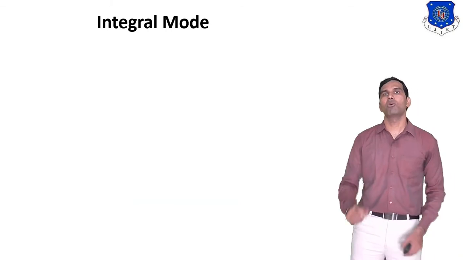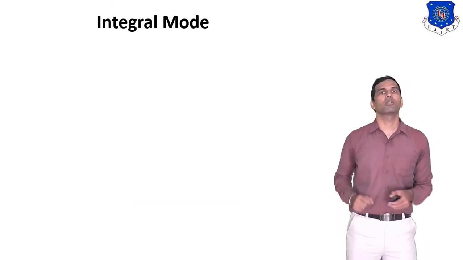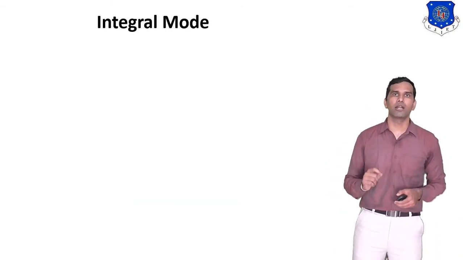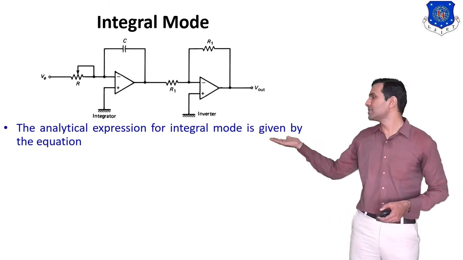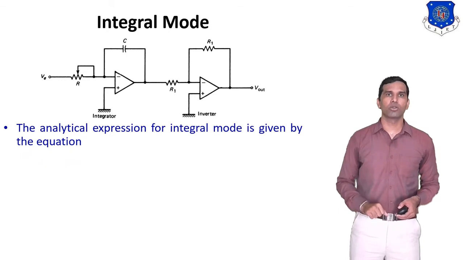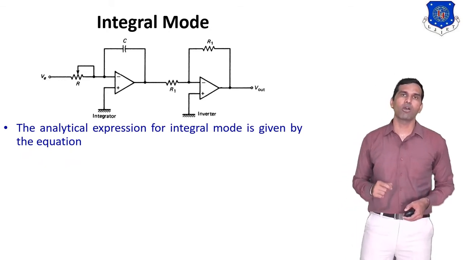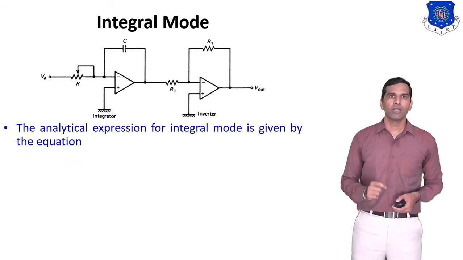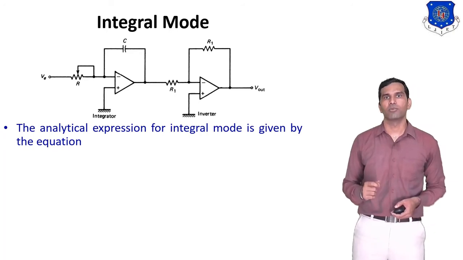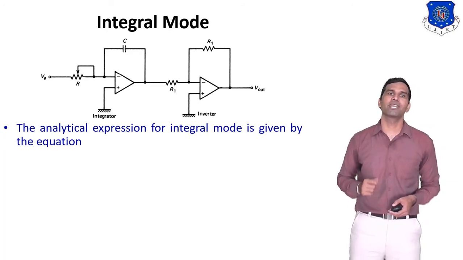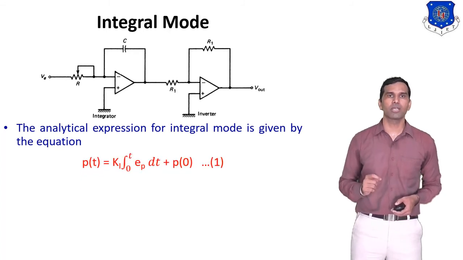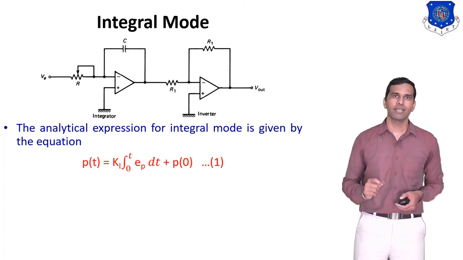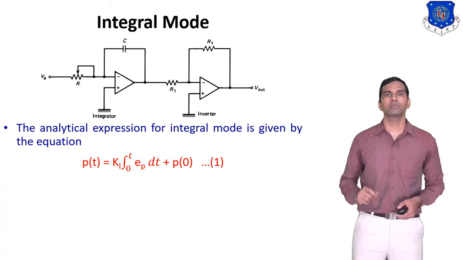Now we discuss the second type of controller mode, that is the integral control mode. Here you can see the figure of the analog integral control mode. The analytical expression for the integral mode is given by P(t) = Ki ∫ from 0 to t of Ep dt + P0.